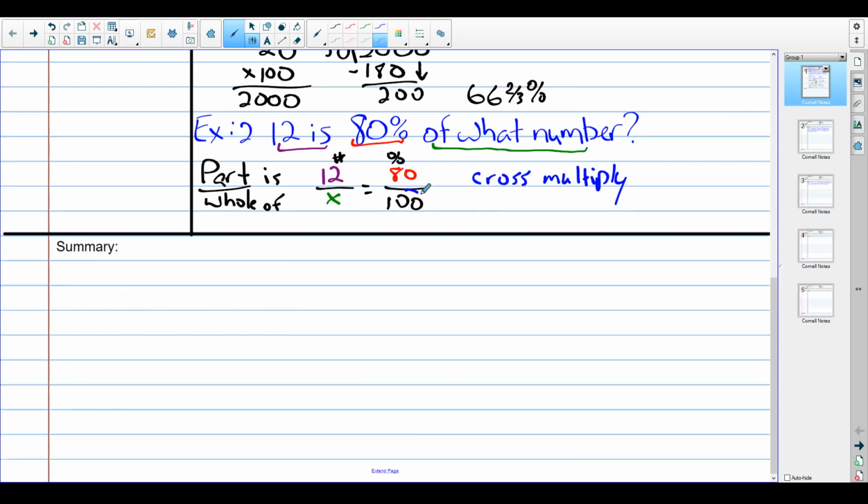So 12 times 100, or 100 times 12. Hopefully we get good at this and we don't have to keep writing down 100 times something. This is just 1200, literally 12 hundreds, divided by the number we didn't just multiply.